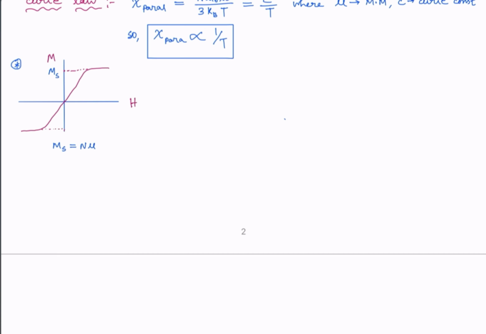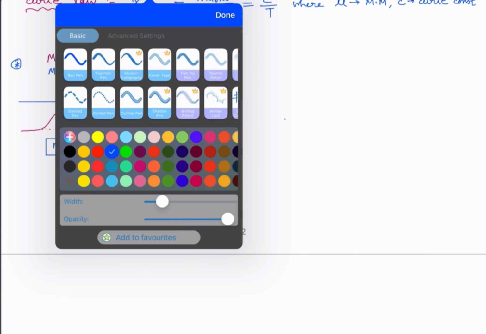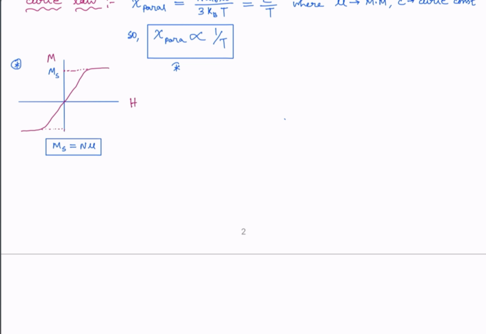Next, we draw chi para versus temperature curve, which looks like this.